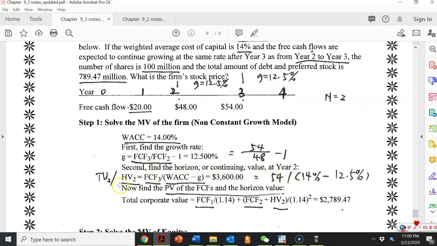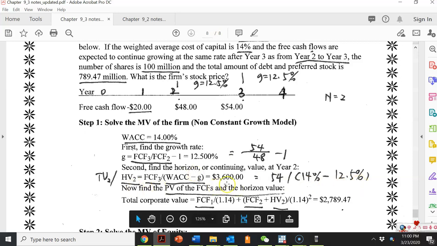So TV2, or HV2, the firm value at year 2, becomes free cash flow 3 over WACC minus G. So it's 54 over 14% given WACC minus G2, 12.5% we just calculated. So we have horizon 2 as 3,600.